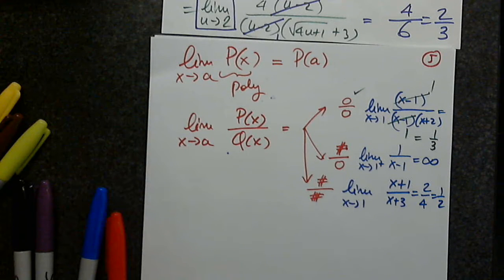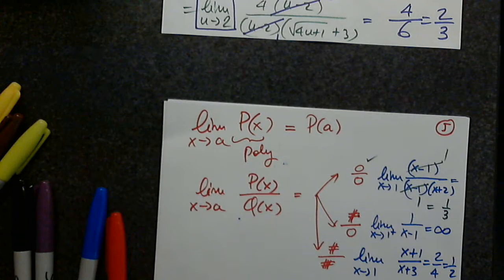So what is the conclusion that we have to write? We know that whenever we determine the limit of a polynomial, plug it in, there's no headache, no problem, done. But how do I determine the limit from a ratio? Take the limit of the top and divide it by the limit of the bottom. Only if both of them exist and the limit from the bottom is not 0. That's the condition for the limit law, right?